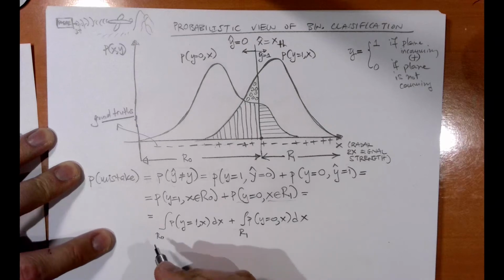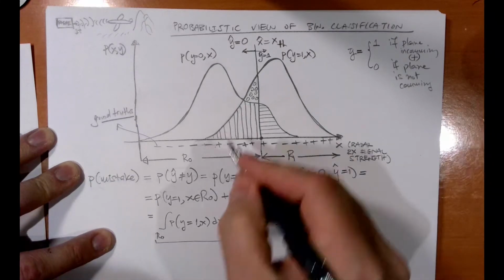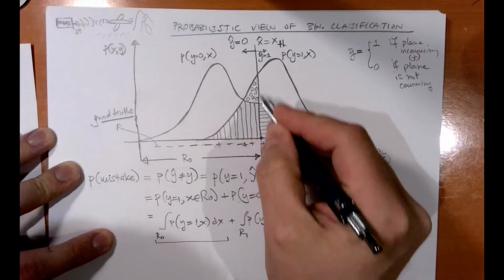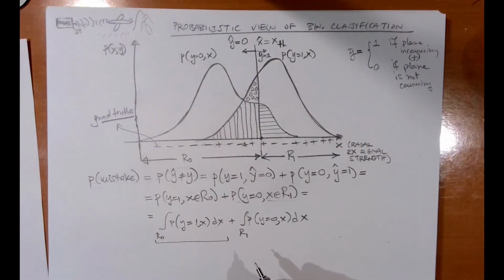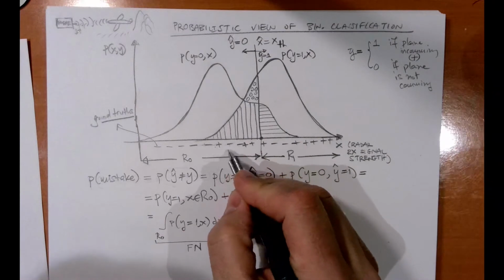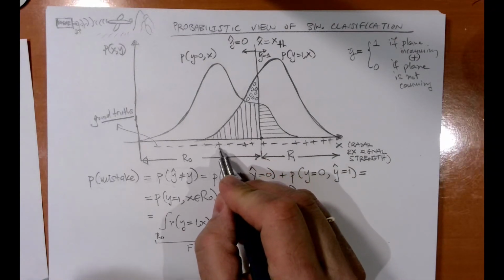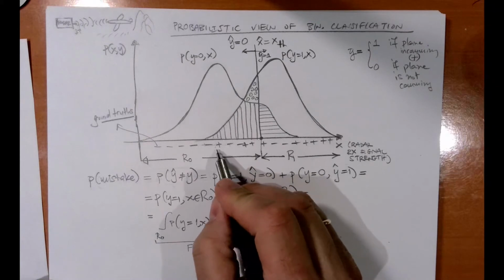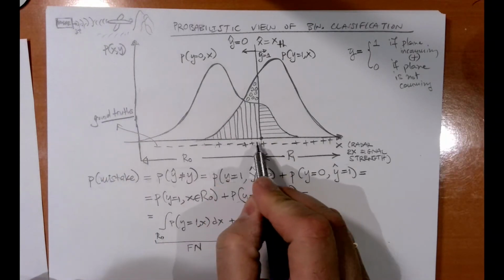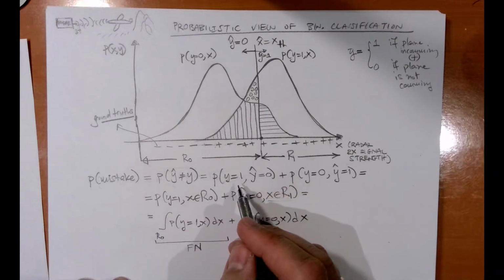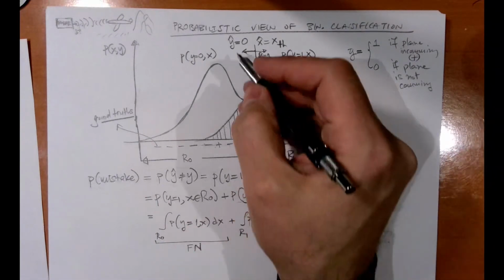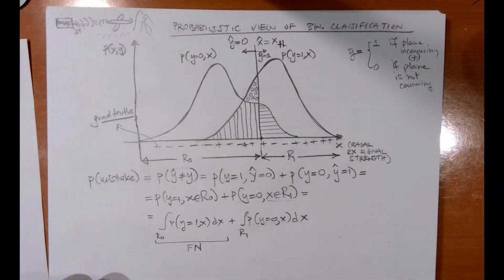As we can see now, this area under this tail is the component of the probability of making a mistake due to the false negatives, in the sense that in terms of ground truth, there are going to be some positive events of planes coming in this area, especially in this neighborhood of the threshold on the left side, but we have falsely categorized them as negatives. So these are the false negatives.